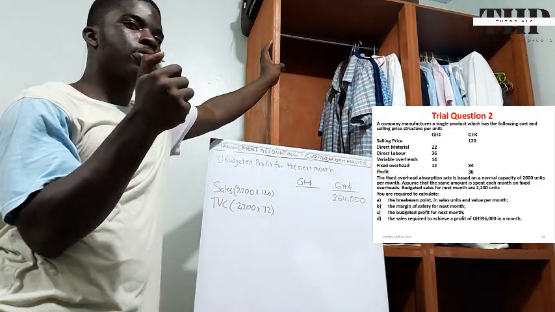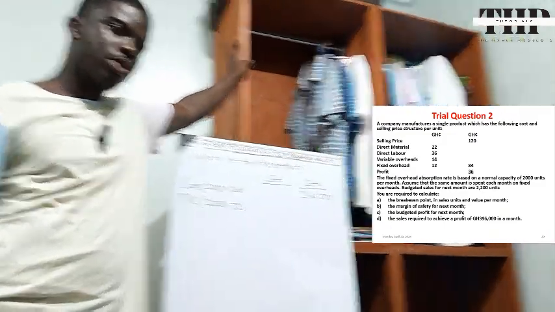And to find the contribution per unit, it's selling price minus variable cost, per unit. How did we get 48?